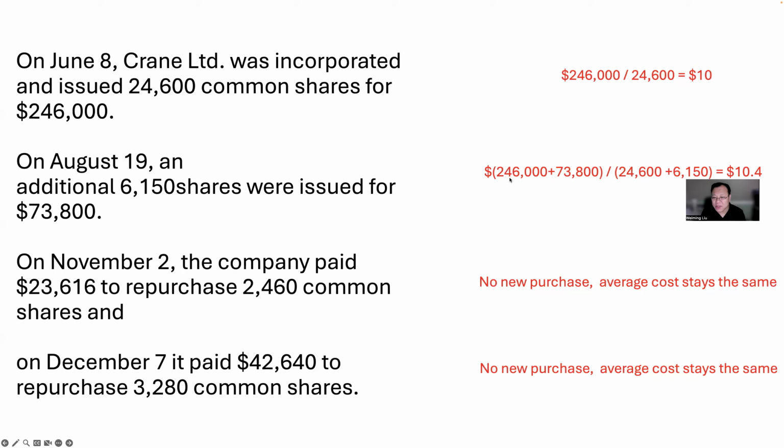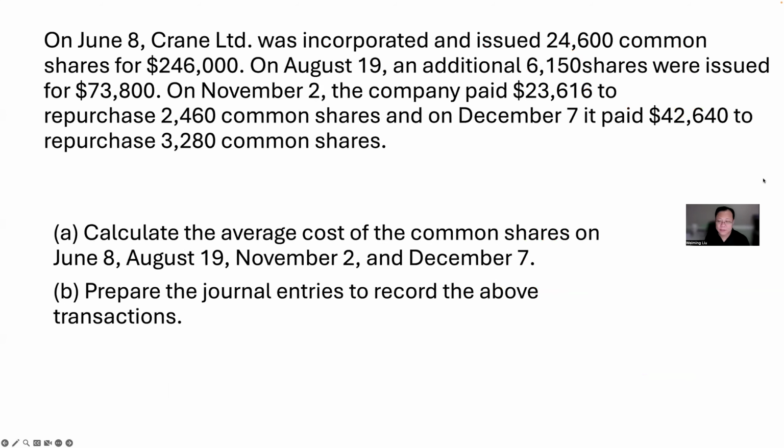So the total cost is the first issuance, 246,000, plus the second issuance, 73,800, divided by the total number of shares after the two issuances, right? So I have 24,600 plus 6,150. When I do this division, it turned out that the average cost is $10.40.